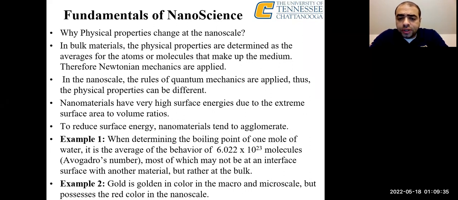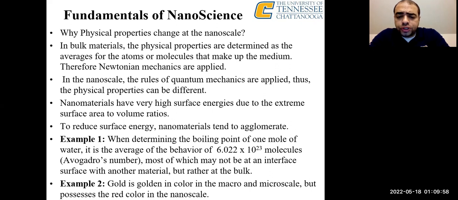Nanomaterials have very high surface energies due to the extreme surface area to volume ratios. This is a very important term that we're going to hit on in detail, because it is one of the major reasons for the differences that you're going to see in the nanoscale compared to the macro scale.